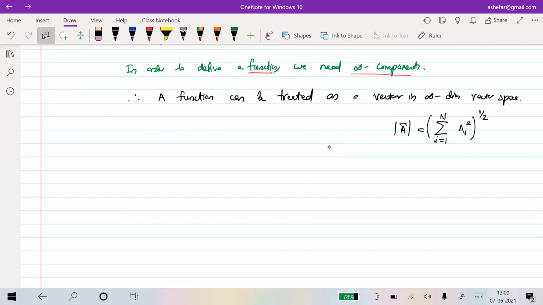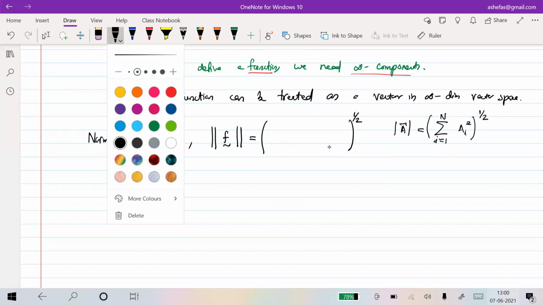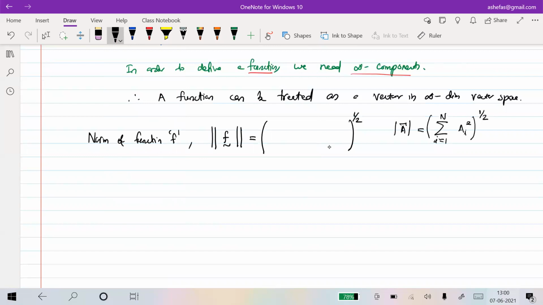So the norm of a function f is usually denoted by a double line symbol. The norm of a function f would be the square root of the sum of squares of its components. But in the case of vector a, the components are discrete, a1, a2, a3, etc. In the case of functions, the components are continuous.